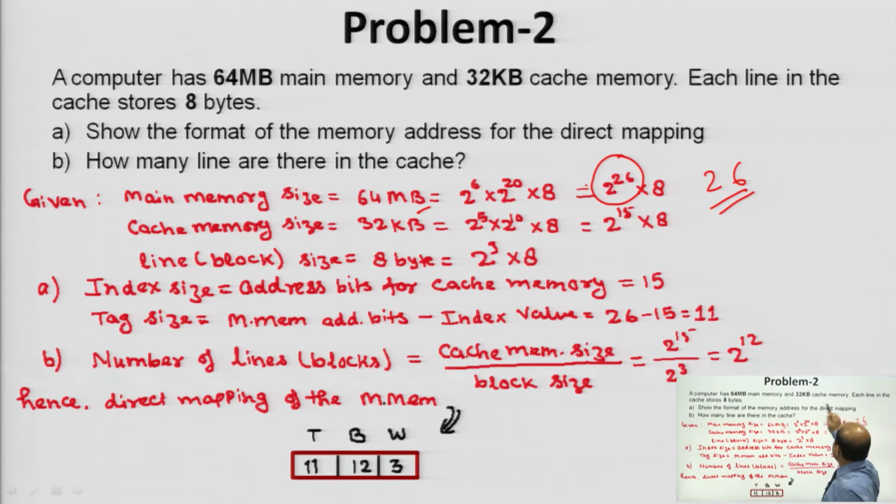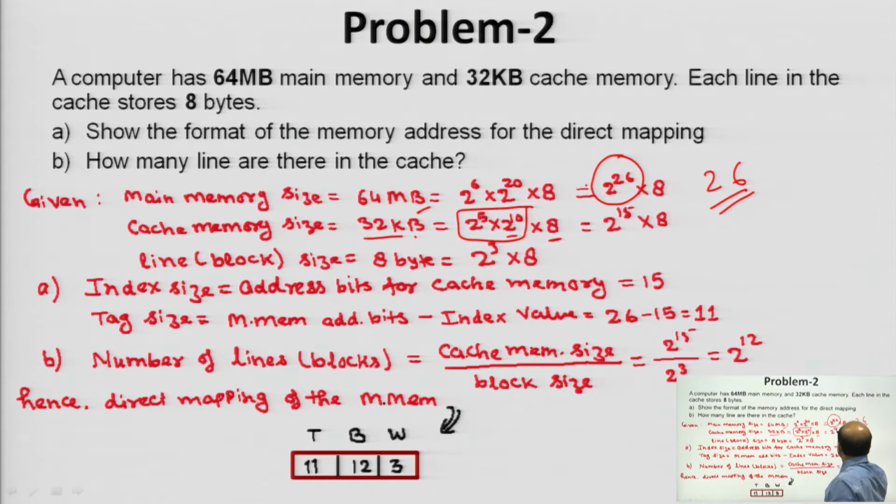And the next part of this: 32 KB is the size of the cache memory. So, cache memory size 32K means 2 to the power 5 multiplied by 2 to the power 10, and byte means there are 8 bits in each word. So, we have to consider the left portion of this cross. This cross means we have to consider only the address part of this memory or this word.